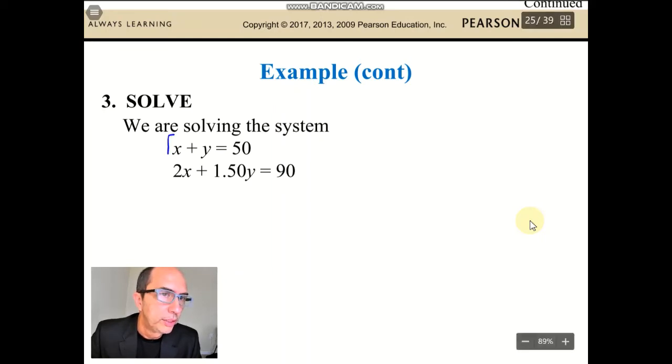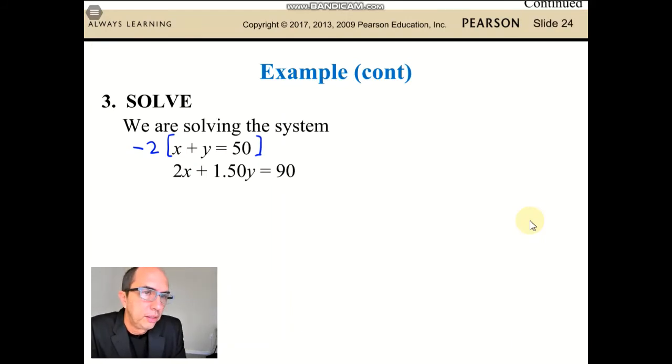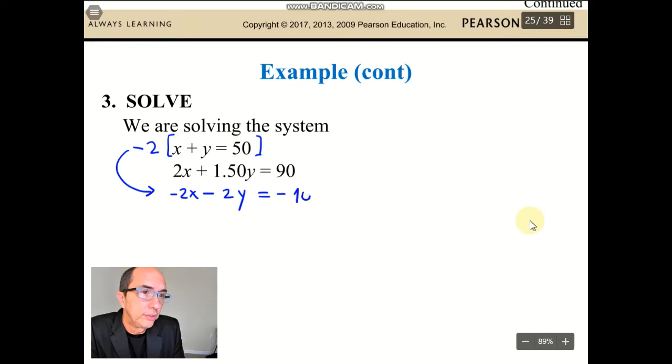I'm going to multiply the first equation by negative 2, and repeat it underneath. Negative 2 times x is negative 2x, negative 2 times y is negative 2y, and negative 2 times 50 is negative 100.